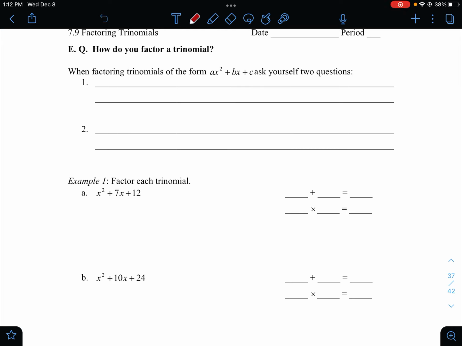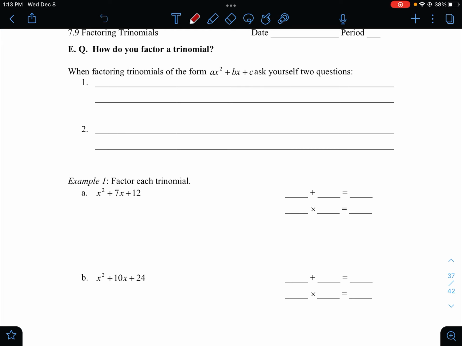Not exactly sure why it's called that, but it is, I have found, and most students have found, the easiest method to factor. Okay? But no matter which method you may have learned in the past, you always start by asking yourself the same two questions. Okay?